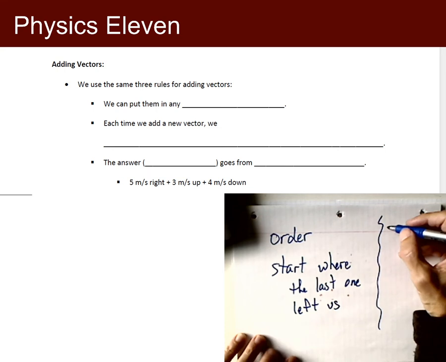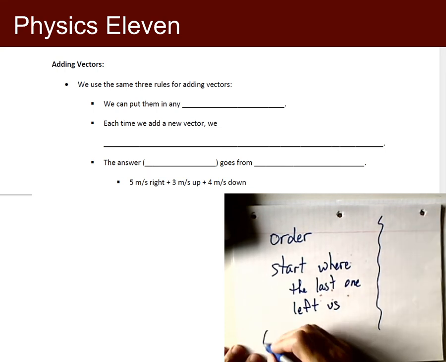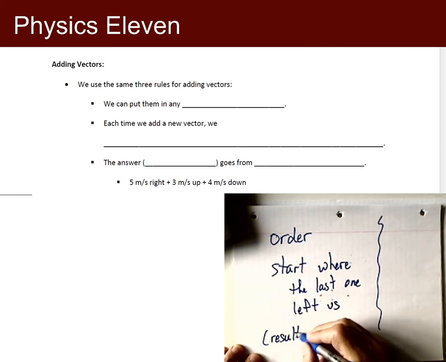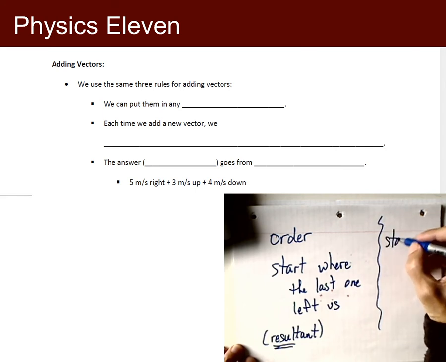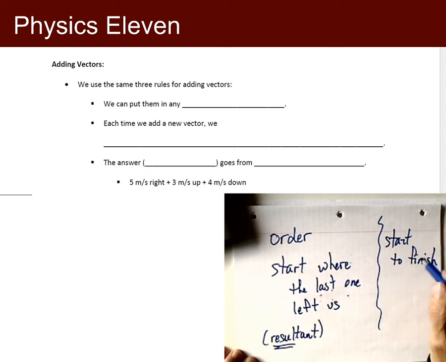Okay, the answer, again in brackets, that same word, resultant. As you can see, the word result is in there. Right, so the thing we get. Now for a vector, it goes from start to finish. Because remember, it's a direction. So it's got to be a direction from somewhere.